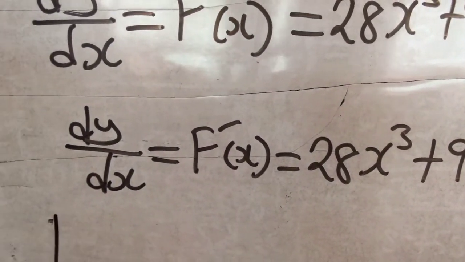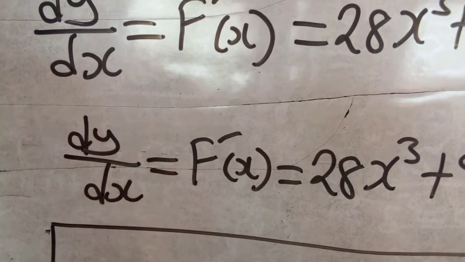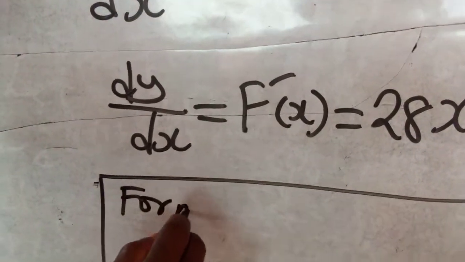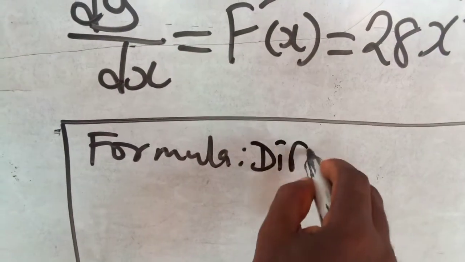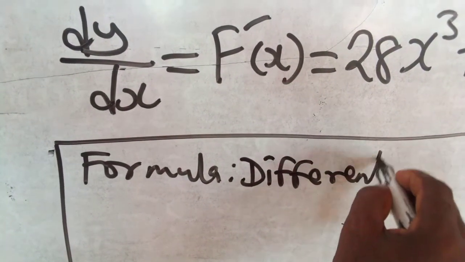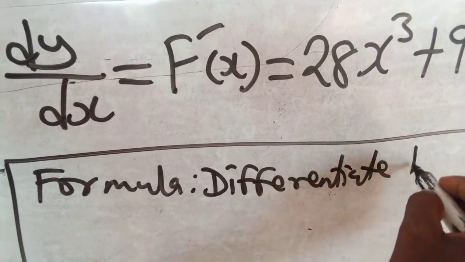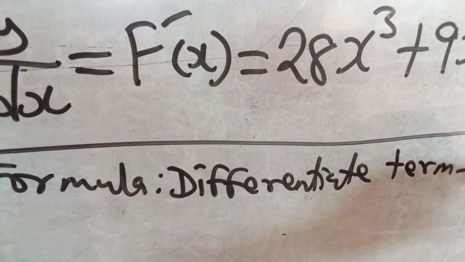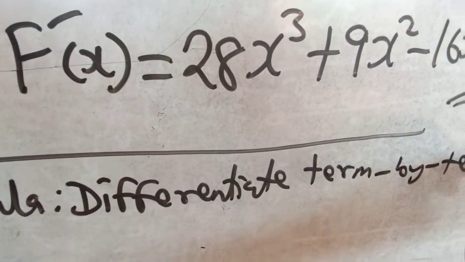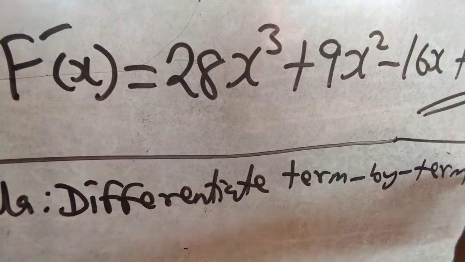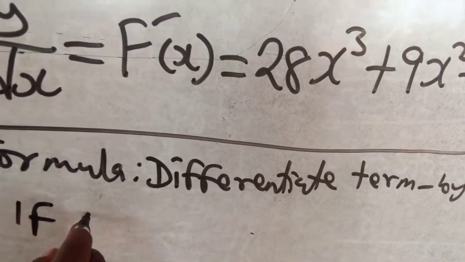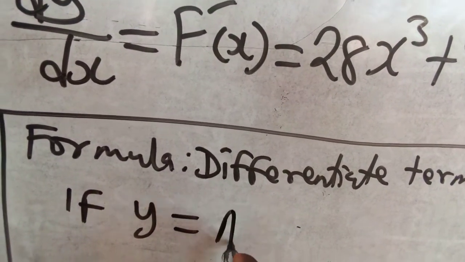That will give you your answer. So the general formula for differentiating a polynomial is you differentiate term by term, and every term must be like this.